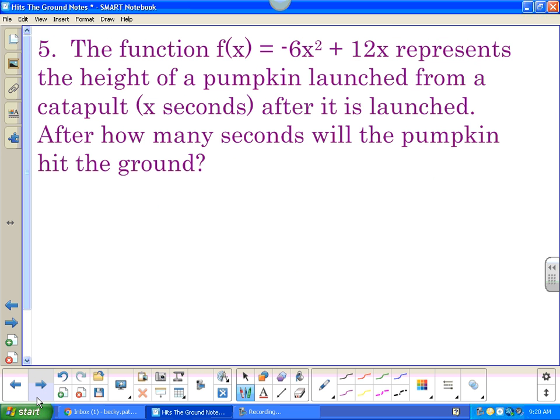Okay, the function f of x represents the height of a pumpkin launched from a catapult x seconds after it's launched. How many seconds will the pumpkin hit the ground? So I'm going to take my function, set them equal to 0 because I want them to hit the ground. This is a GCF. I can take a negative, a 6, and an x.